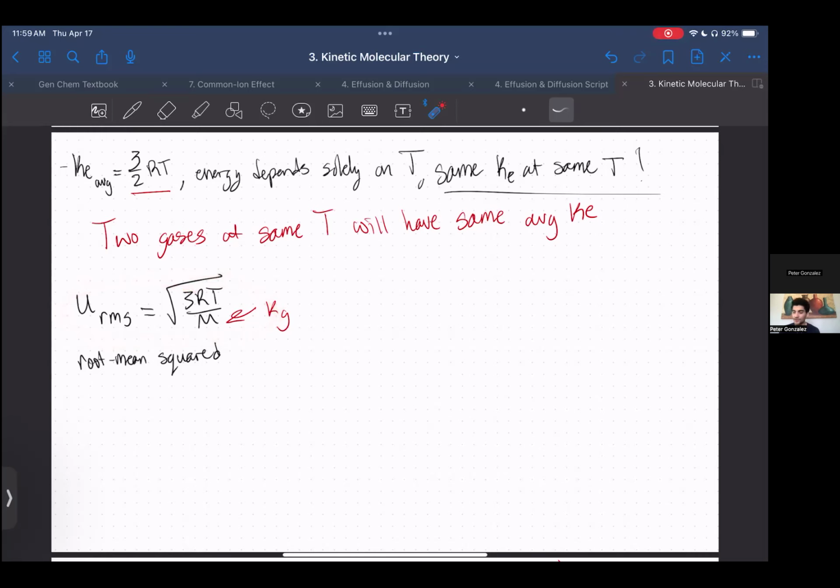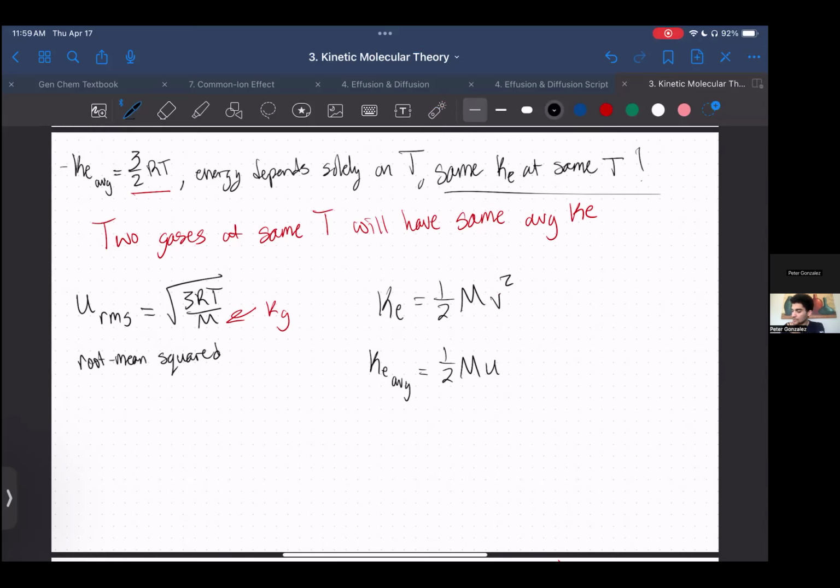Really, all you need to use is just the kinetic energy equation. So kinetic energy, for anyone who's taken physics or just knows it, is 1/2 mv squared, right? But we already have up above here that the average kinetic energy is 3/2 RT. So instead, let's rewrite this as the average kinetic energy has to be equal to 1/2 m u squared.